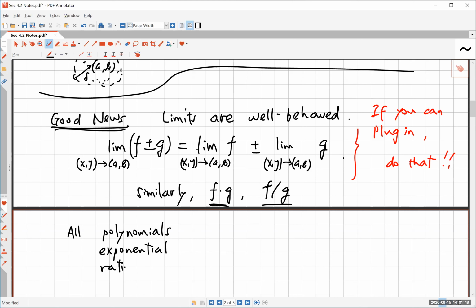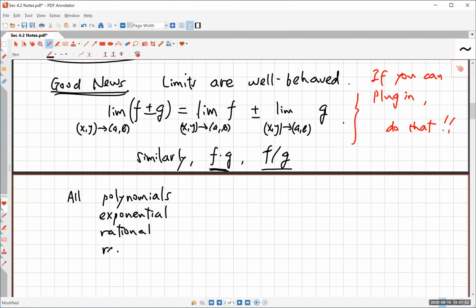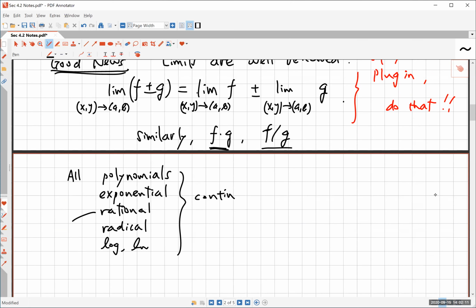And if I'm bold enough to say this, every rational function wherever it's defined, every radical definition wherever it's defined, every log, including the natural log, wherever they are defined, these are all continuous. Now, I don't want to say, for instance, rational includes 1 over x. I don't want to say 1 over x is continuous everywhere. That wouldn't be true. But you'll say these are all continuous wherever they are defined.